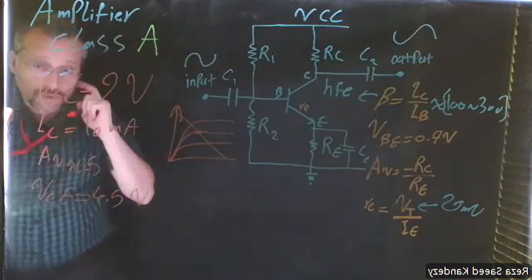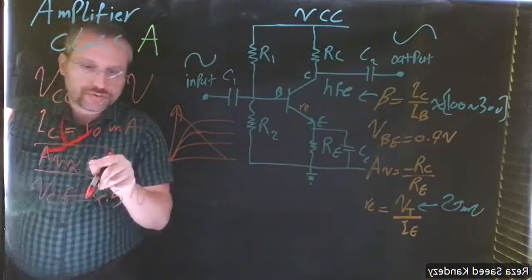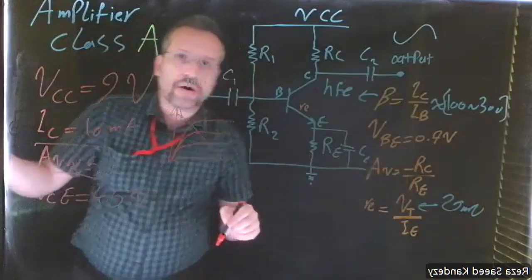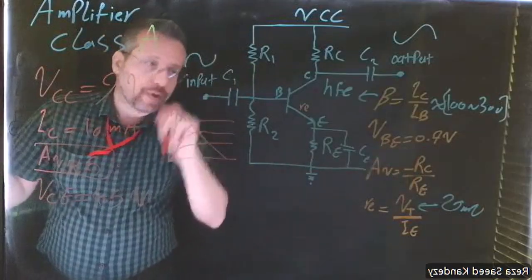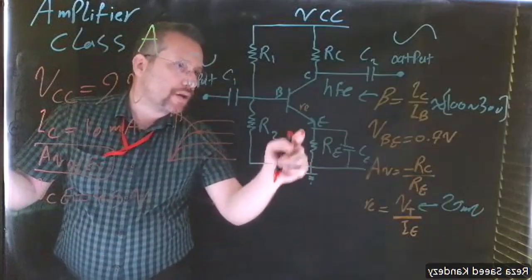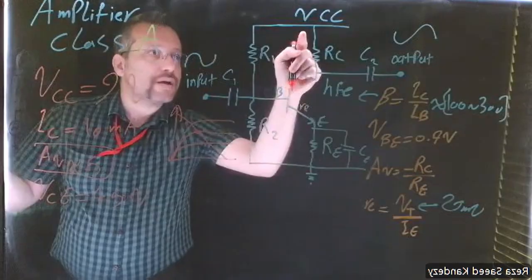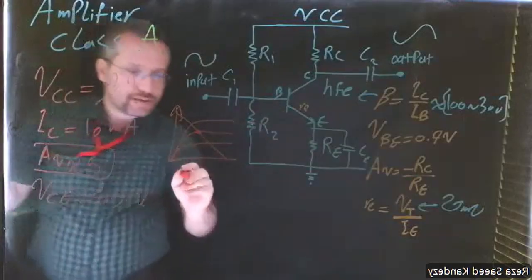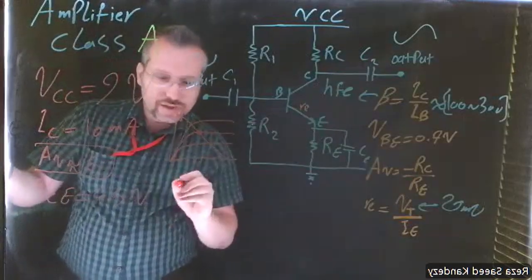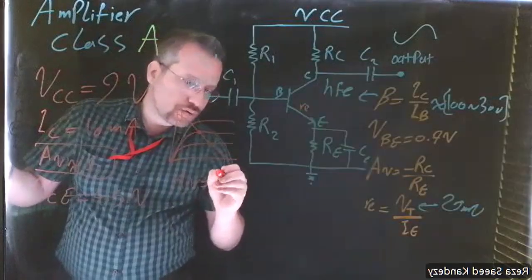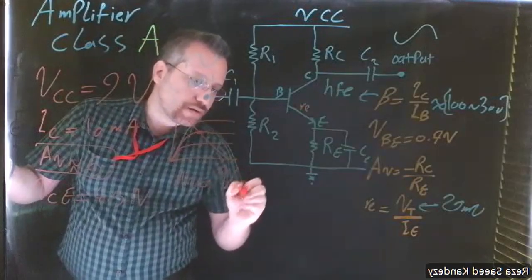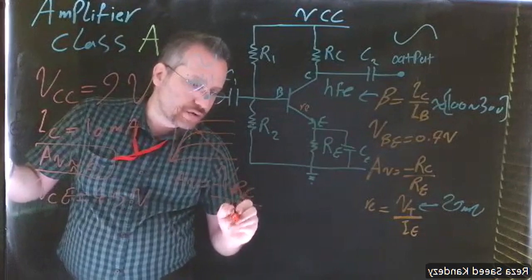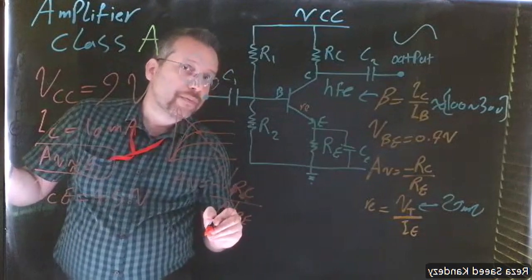Now, this is the gain that we want, so it's 5, and we know that the gain is RC over RE. Remember, we consider the collector current and the emitter current equal to each other. That means, through Ohm's law, this ratio is also the voltage across RC over the voltage across RE.